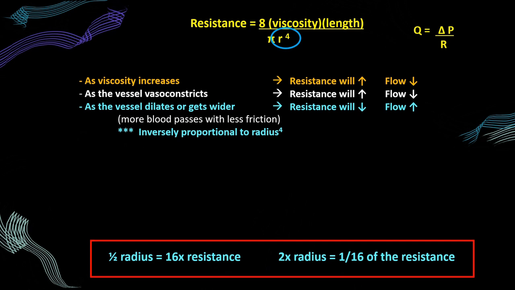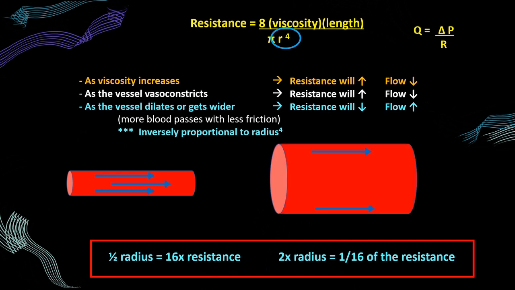As the vessel dilates or gets wider, the resistance is going to decrease and the flow will increase because it's inversely proportional to the radius. And this is just showing you the example of the vessels. If it's more vasoconstricted, I'm not going to be able to get as much flow through, versus vasodilated, I'm going to be able to have a lot more flow.